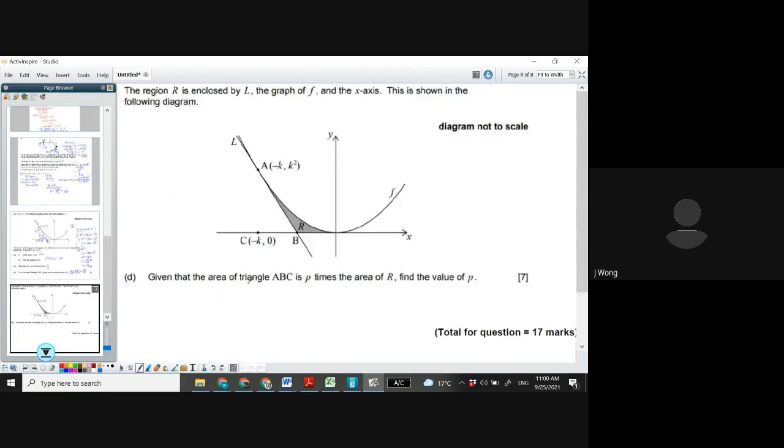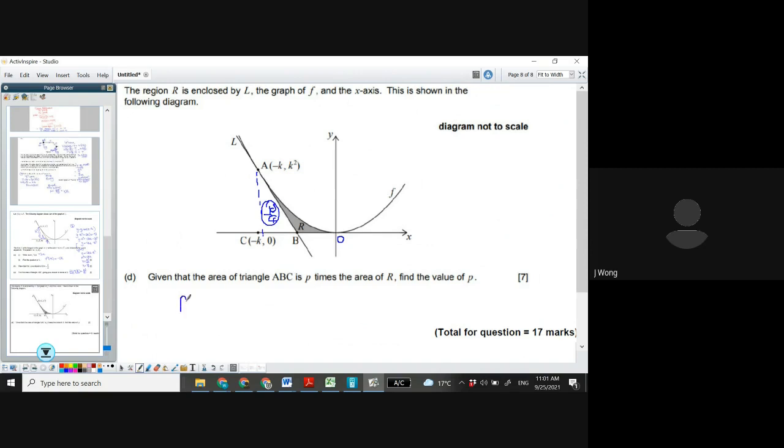So now they want us to find the value of P, given that the area of ABC is P times the area of region R. In order to find region R, we could integrate the curve x squared from minus k to 0, and take this away from the area of the triangle, which we have as k cubed over 4.